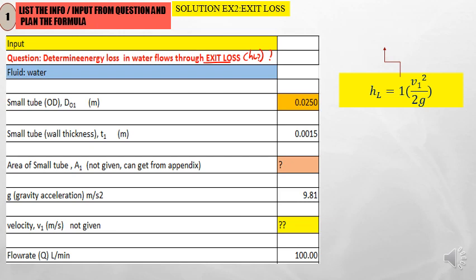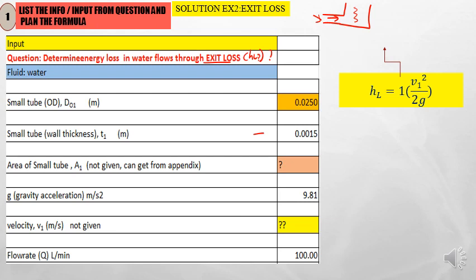We know that the exit loss is for fluid escaping from a smaller into a larger diameter, a larger space. We do have information for the small tube size, which is 0.025, and the wall thickness is also given.